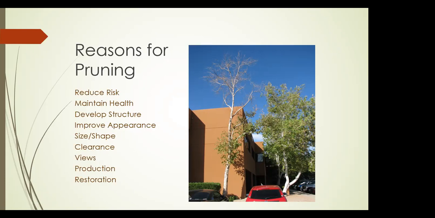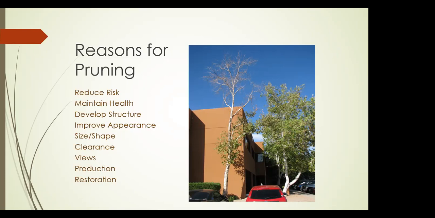But we also do some other pruning. We may prune a tree to reduce the size or change the shape if it's off balance. We do clearance so trees don't touch buildings or walls or hang too low over sidewalks or streets. We might remove part of the tree to provide views.